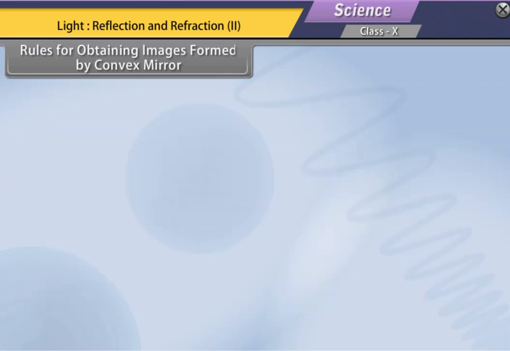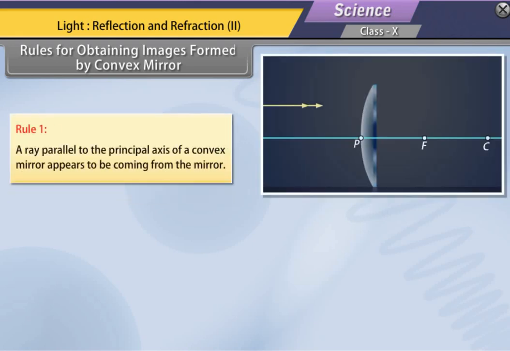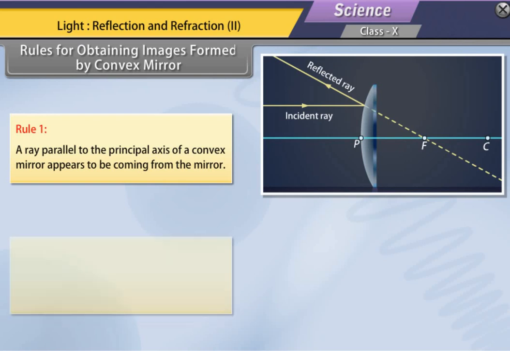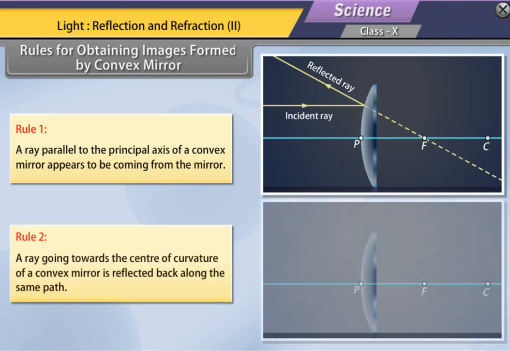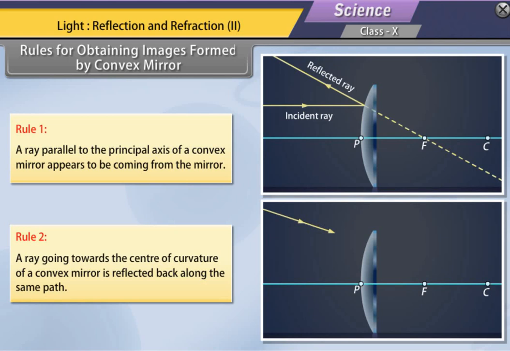Rules for obtaining images formed by convex mirror. Rule 1. A ray parallel to the principal axis of a convex mirror appears to be coming from the mirror's focus. Rule 2. A ray going towards the center of curvature of a convex mirror is reflected back along the same path.